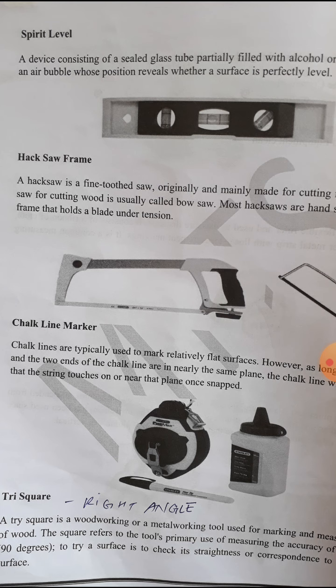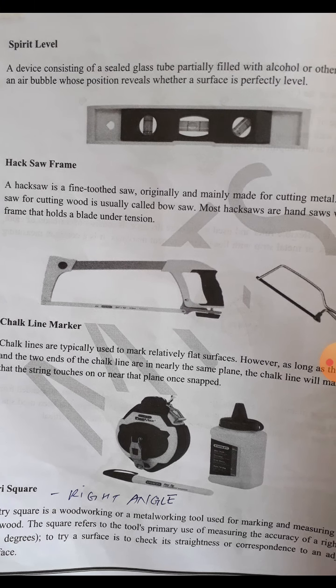Hacksaw frame, this is a hacksaw frame. The hacksaw frame is of two types, mini type and big type. The mini type we can use in glanding work. In glanding work, when cutting the outside insulation of the cable, you can use the mini hacksaw frame. And the big hacksaw frame we can use for small cable tray, small cable trunking, GI pipe or GI conduit, and EMT conduit cutting.